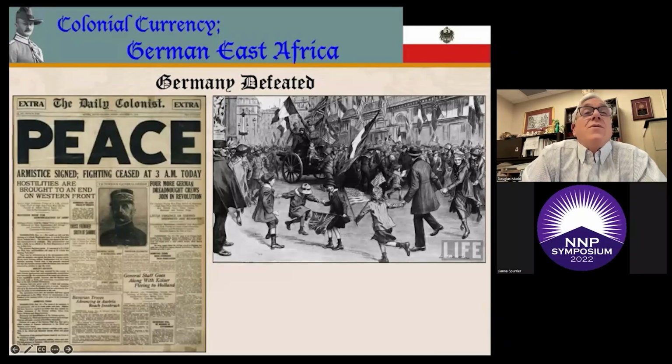German General von Lettow refused to leave East Africa until he had won guarantees for the decent treatment and early release of his black troops.